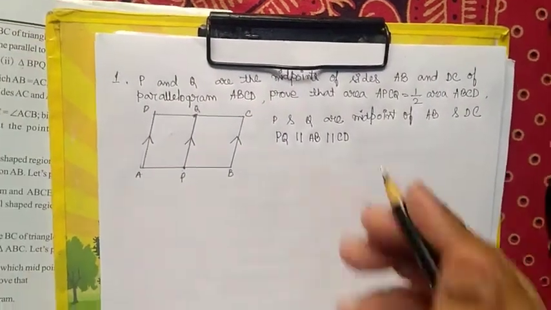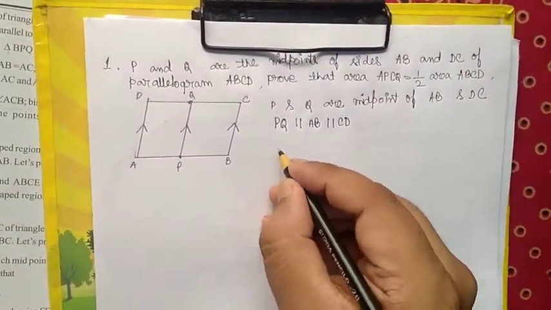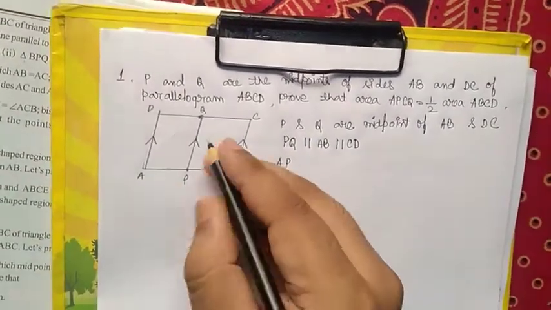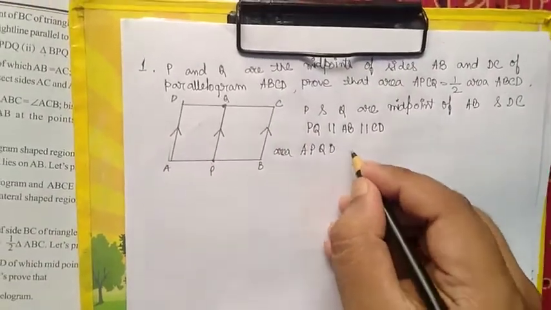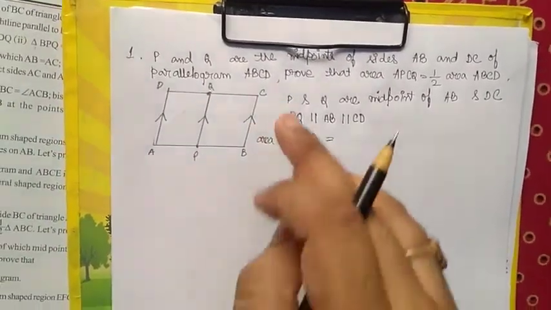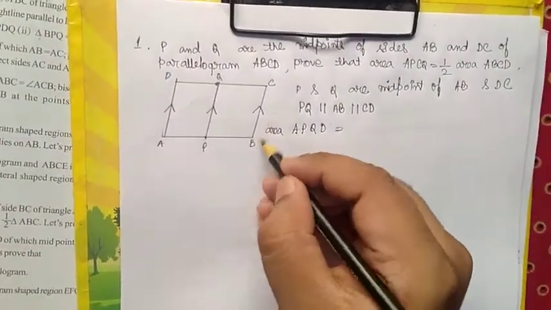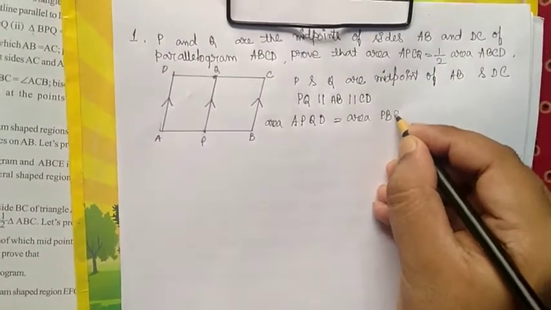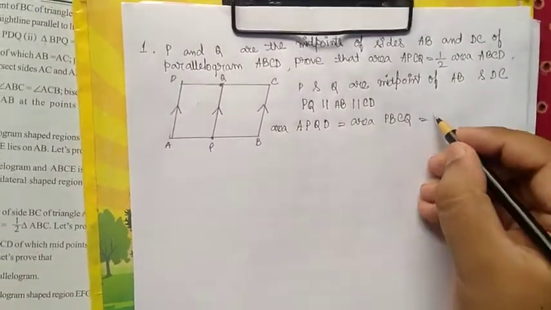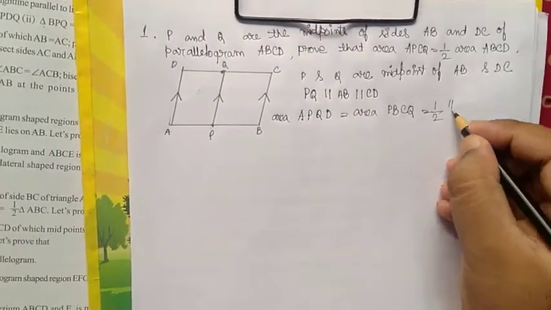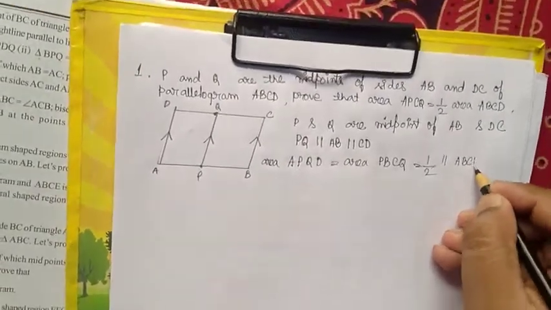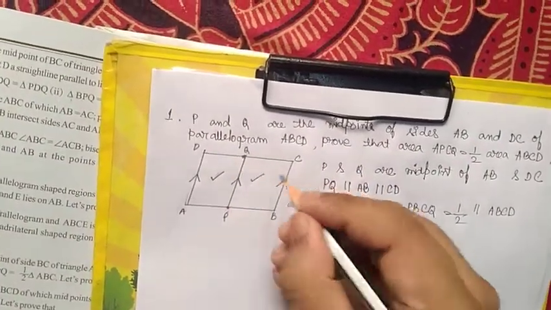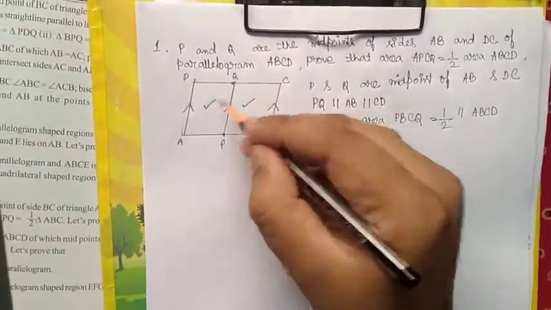So we can say area of APQD equal to area of PBCQ equal to half of parallelogram ABCD. This straight line cuts the total parallelogram into two equal halves.